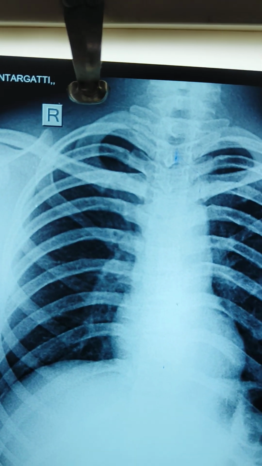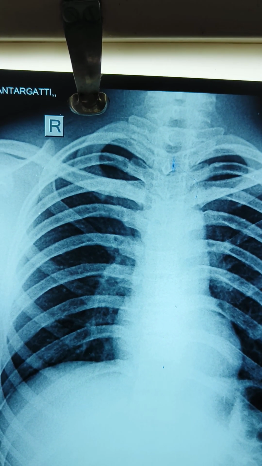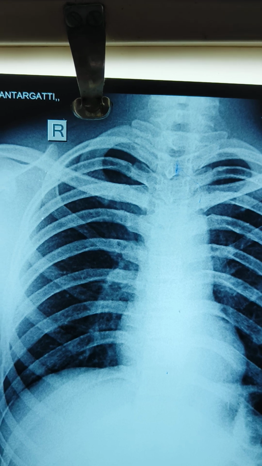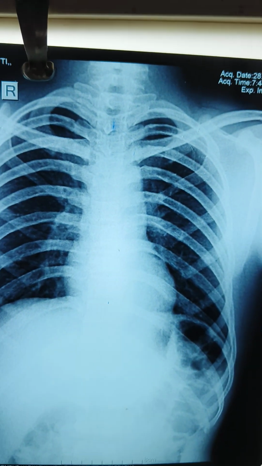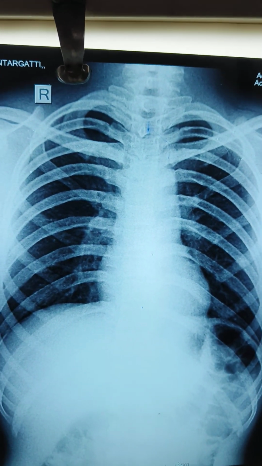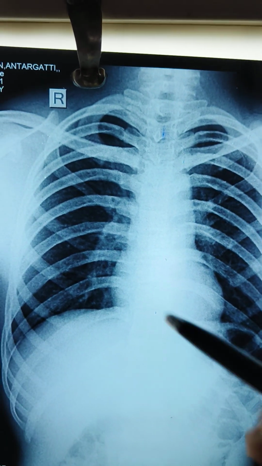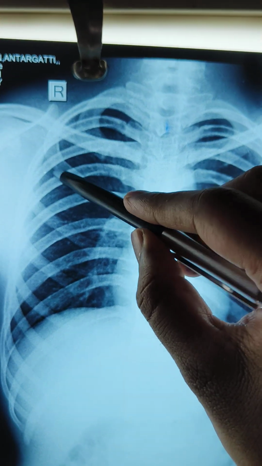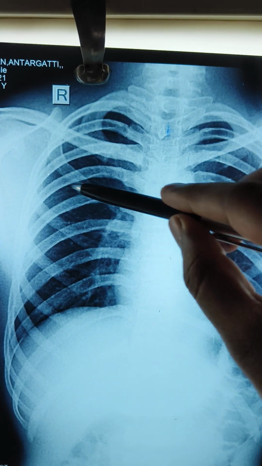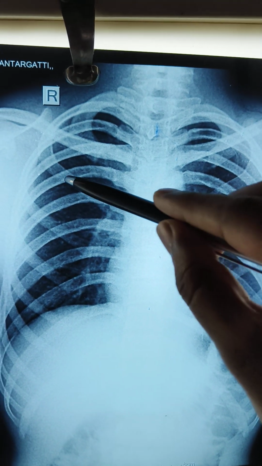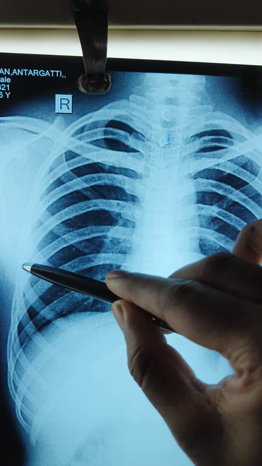Next point, we have to see the divisions. There is the upper zone, middle zone, and lower zone. How do we divide the upper, middle, and lower zones on the X-ray? From the anterior end of the first rib till the anterior end of the second rib, these are the upper zones.